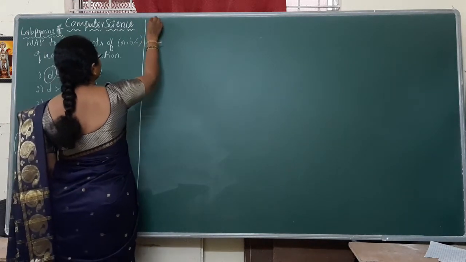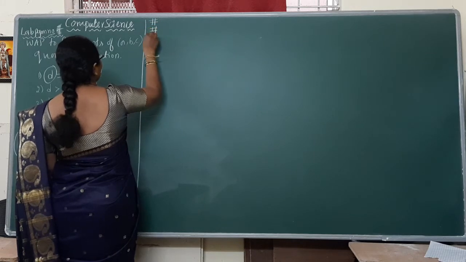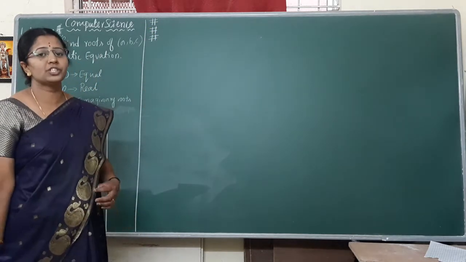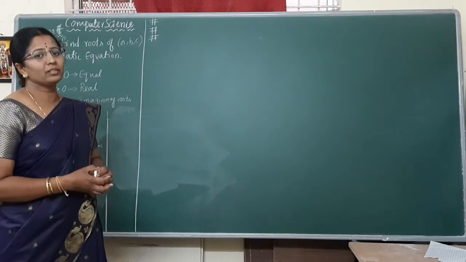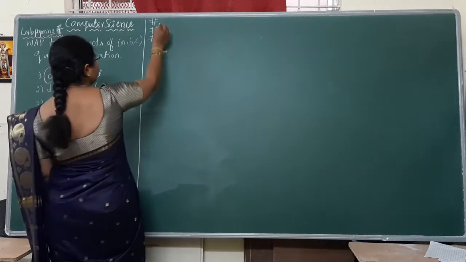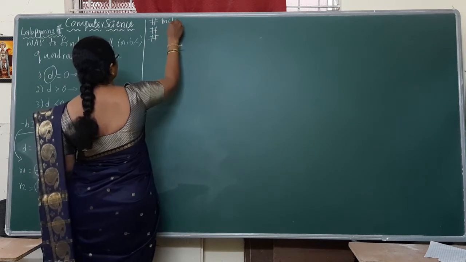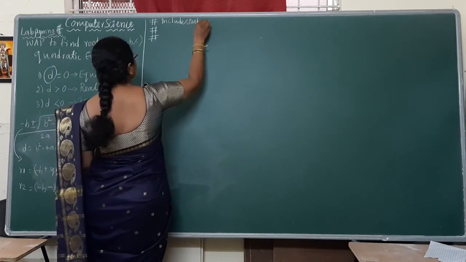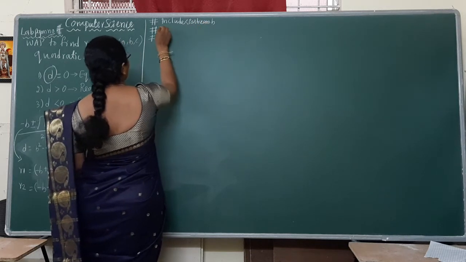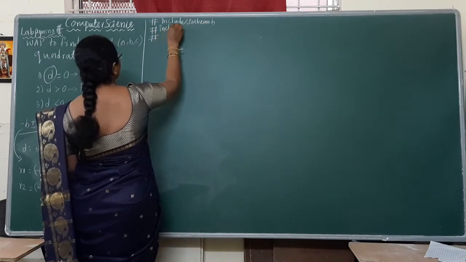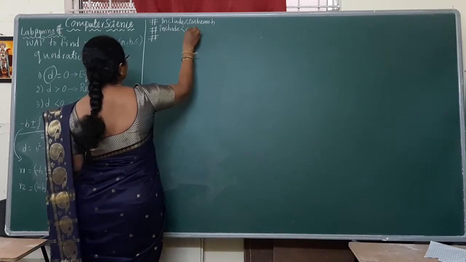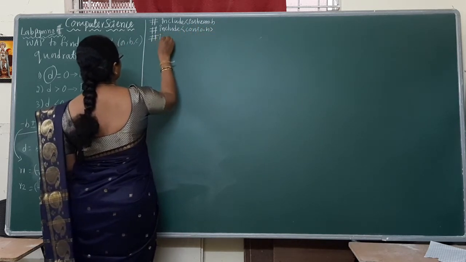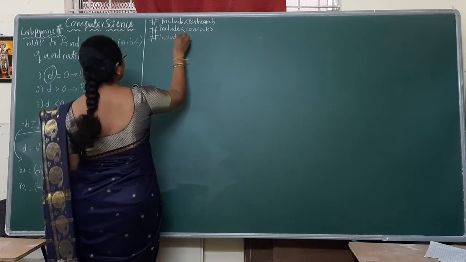Your program contains three header files. Why? Yes, we are using the sqrt function, so we require math.h. Hash include iostream.h, hash include conio.h, hash include math.h.